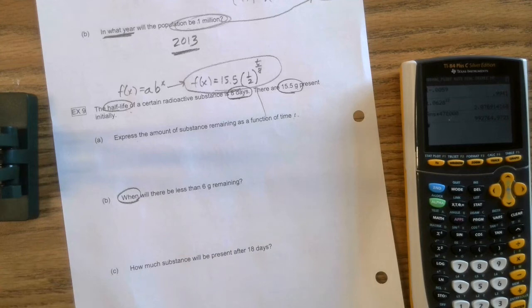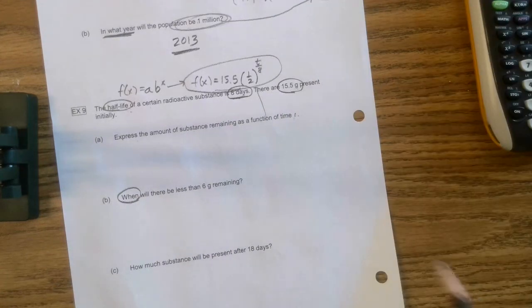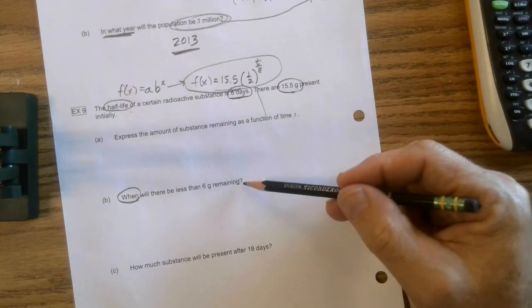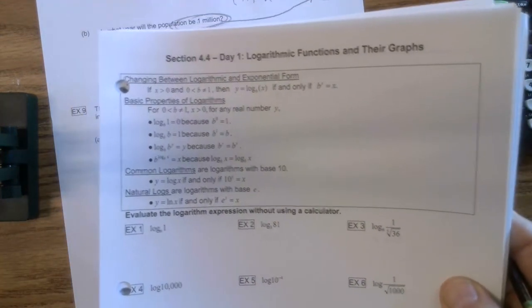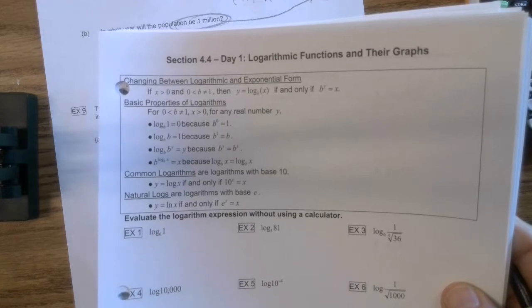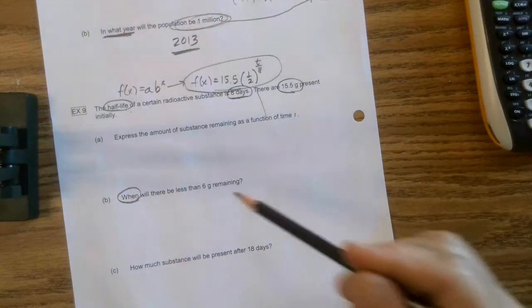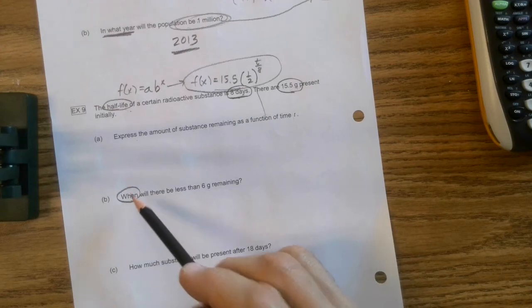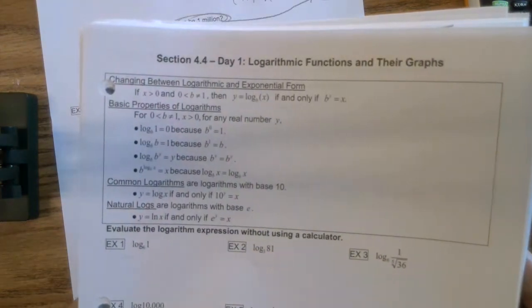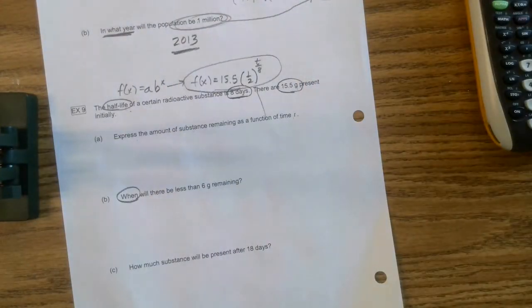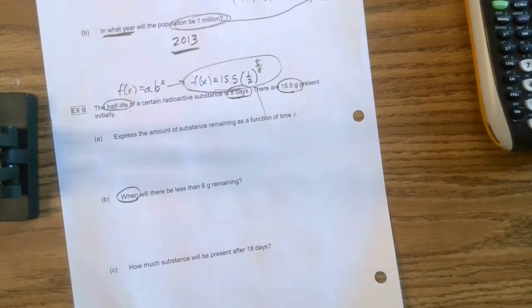Now I'm going to hit pause a second. All right, so this question is out of order, and here's why. This problem, or the next lesson, 4.4 day 1, talks about logarithms, and the only way we can actually solve this problem is if we already had this lesson, and we haven't. So what we're going to do to compensate for that is this.